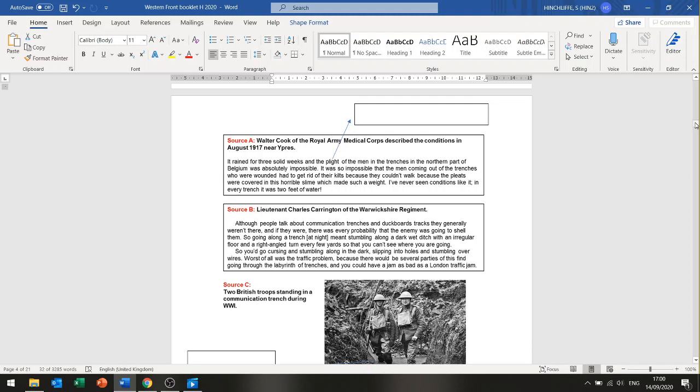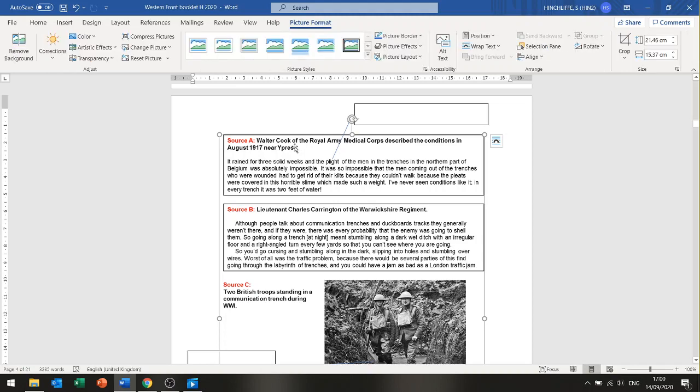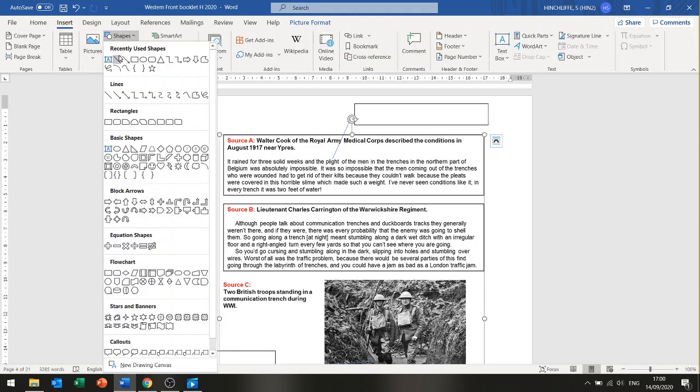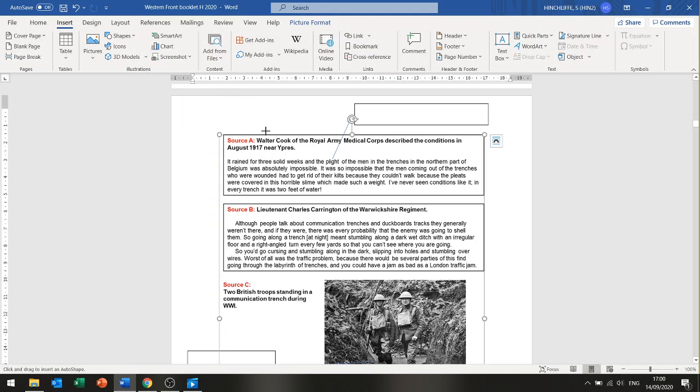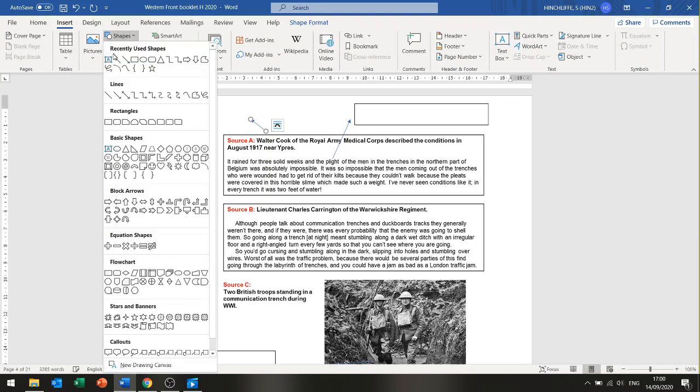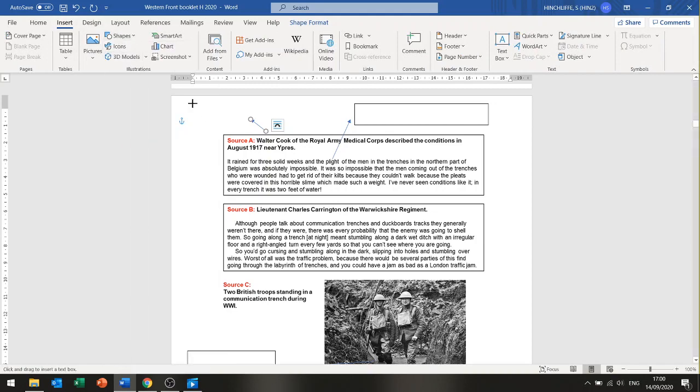A key thing to know about sources is, first of all, you always have this part in bold, and this is what we call the provenance. The provenance is based on who wrote the source, what kind of source it is, and why they wrote it. We do that through the nature, the origin, and the purpose.